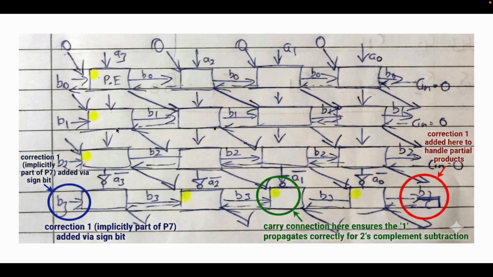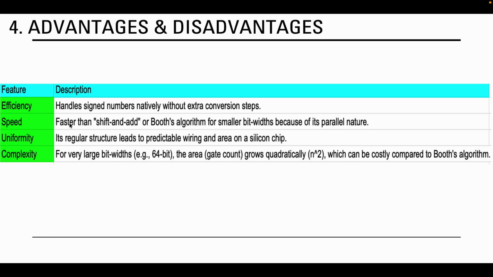And one thing that you can see is we are using all full adders with AND gates and NOT gates, so it is very easy to replicate and easy for wiring and area on a silicon chip. Complexity: for a very large bit width, for example 64 bit, the area gate count grows quadratically, that means n square, which can be costly compared to Booth's algorithm. So this is one advantage and disadvantage when we talk about the Baugh multiplier.